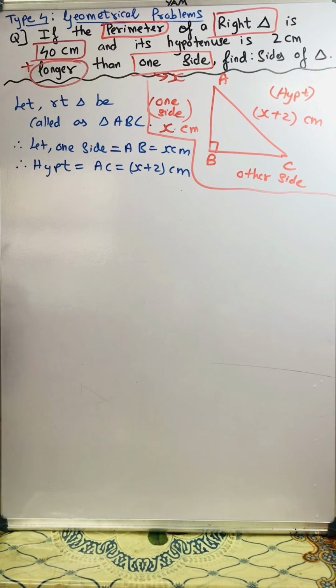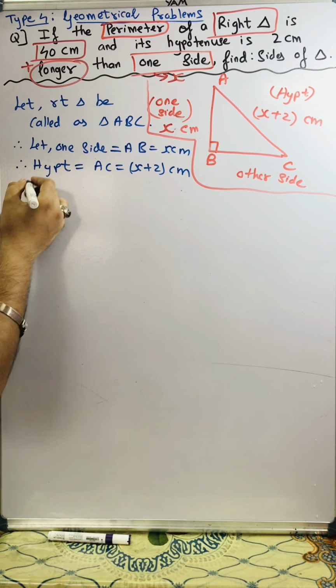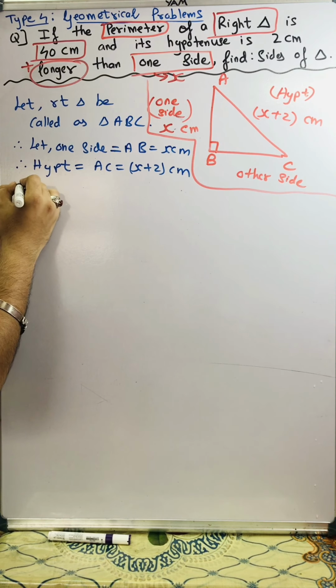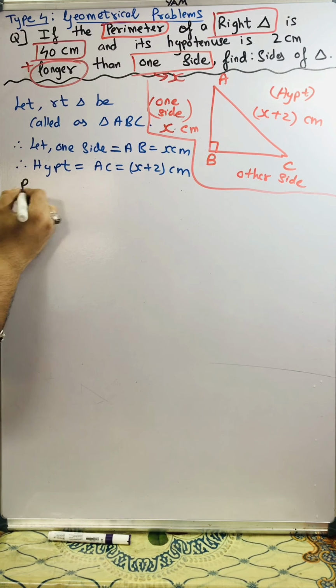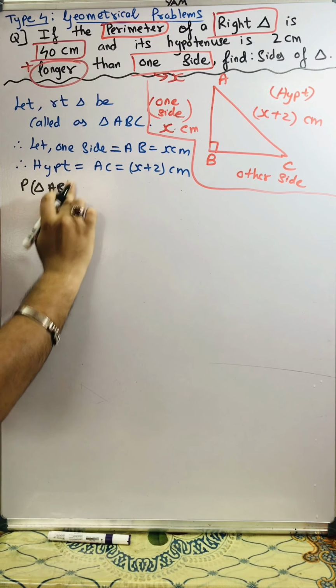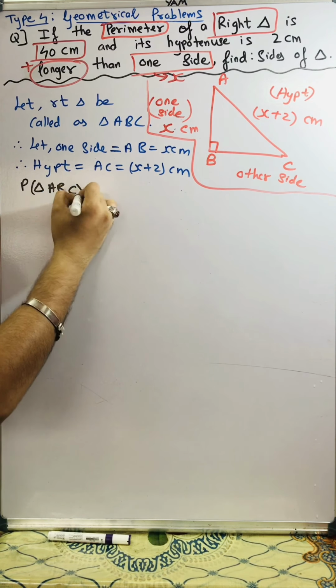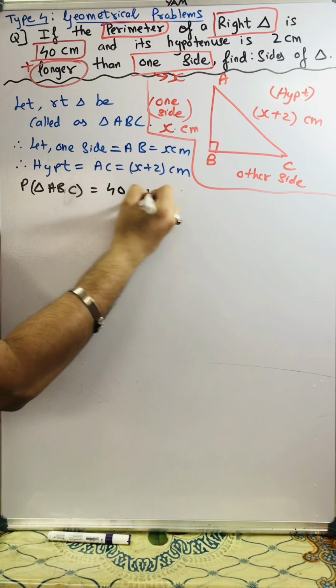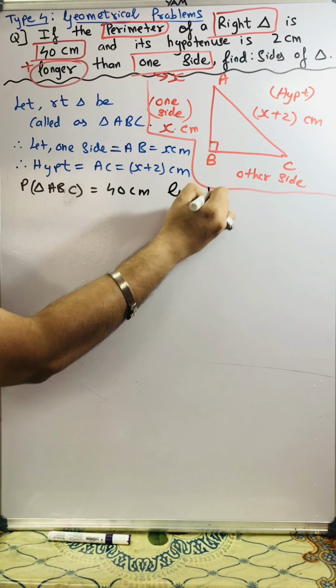So now let us use something about the perimeter. I'll write here on the board: perimeter P of triangle ABC is equal to 40 centimeter. It's given to us.